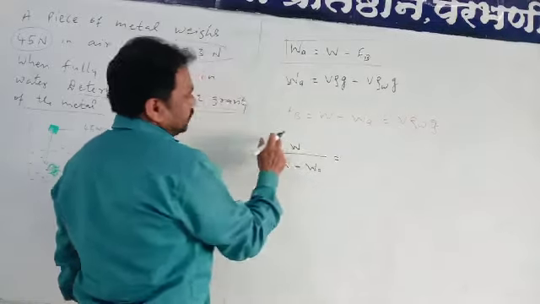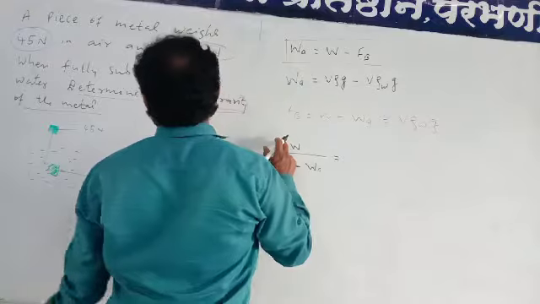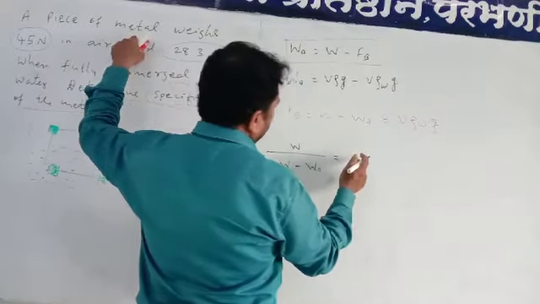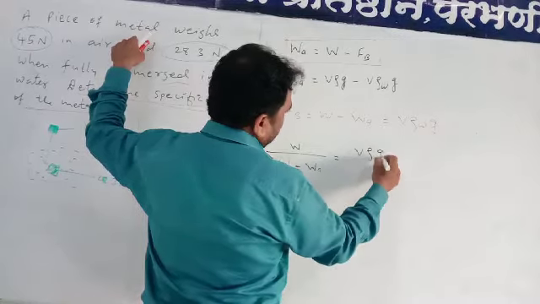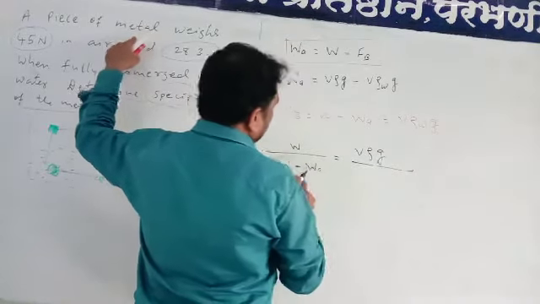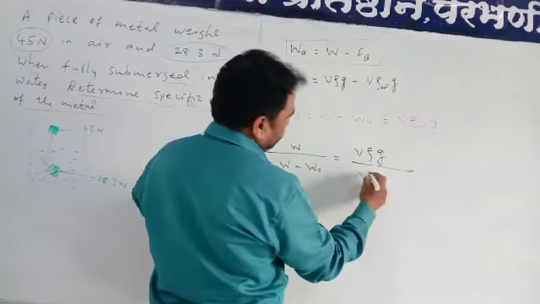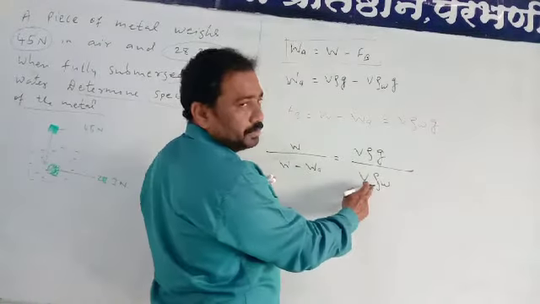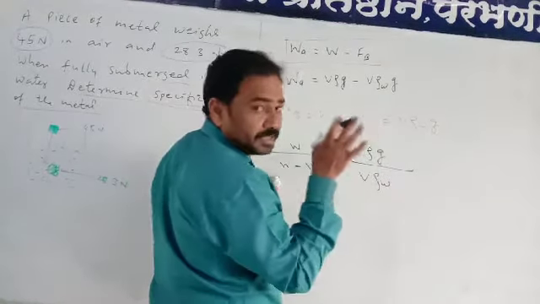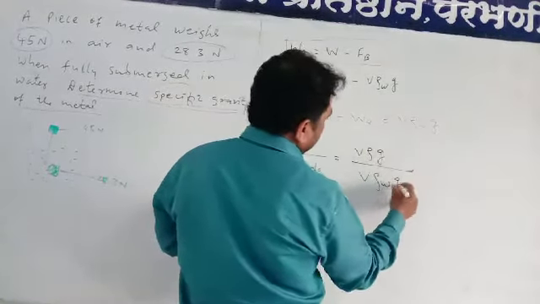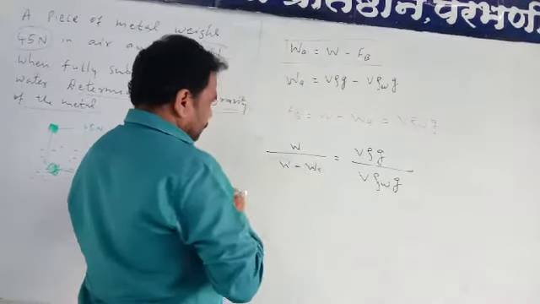The actual weight of the metal piece is V rho g, upon actual weight minus apparent weight, which is V rho_W g, where rho_W is the density of water, the liquid.